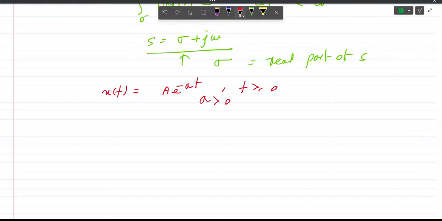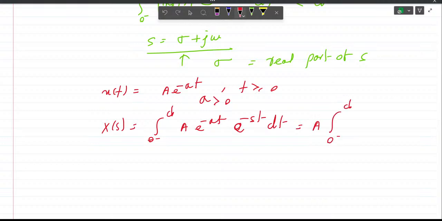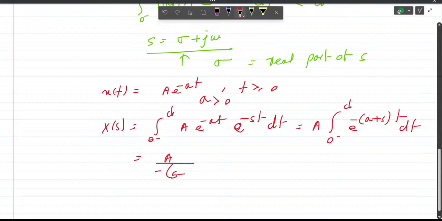So by definition, X(s) is equal to the integral from 0 minus to infinity of a e raised to the power minus a t times e to the power minus st dt, which is equal to a times the integral from 0 minus to infinity of e raised to the power minus (s plus a) t dt, which gives you a times e to the power minus (s plus a) t divided by minus (s plus a), from 0 minus.